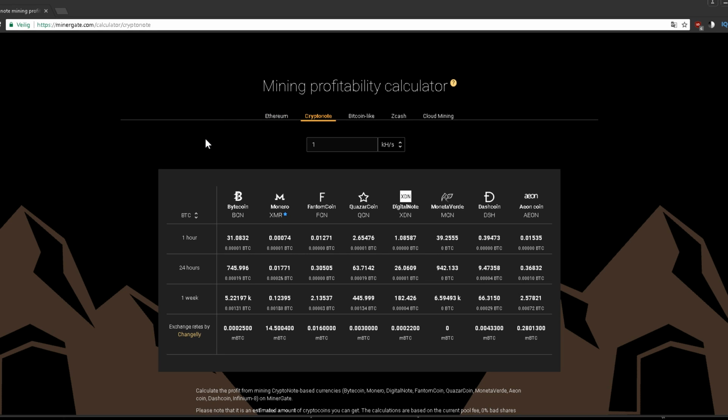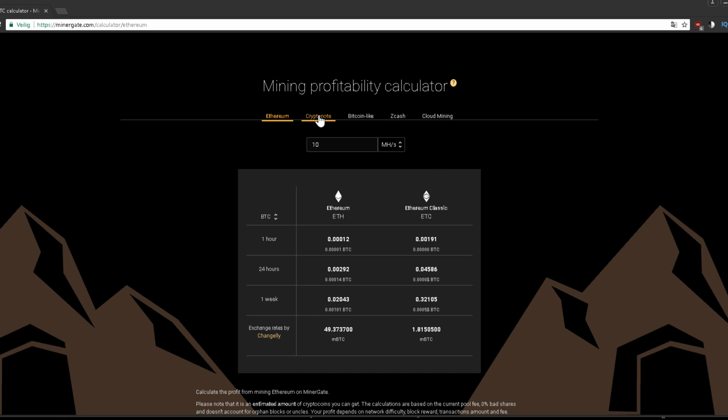This all depends on the difficulty and the algorithm. Now if you go to Ethereum, that same card that does 2 kilo hashes on CryptoNight Lite will do maybe 20 mega hashes or something in that trend for Ethereum. So it will do a whole other speed.